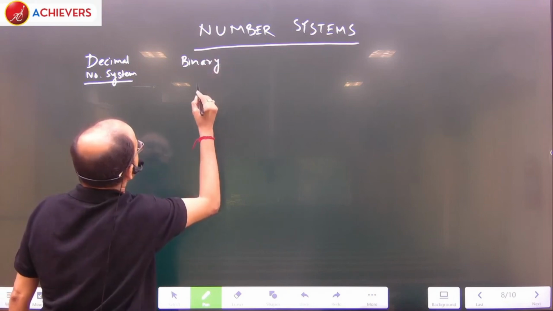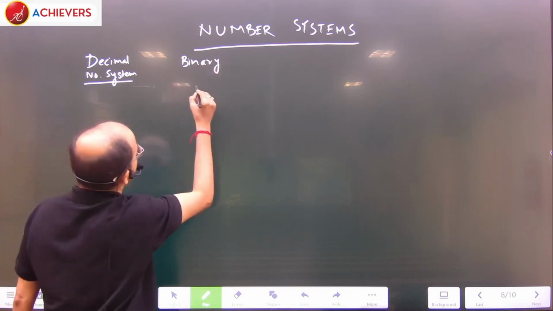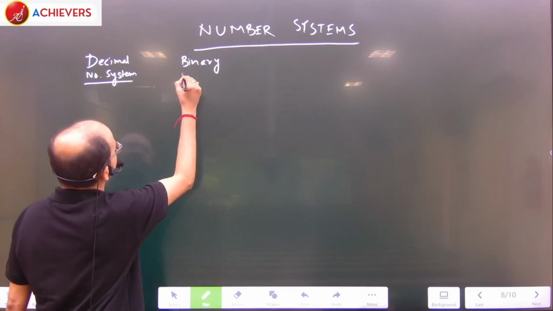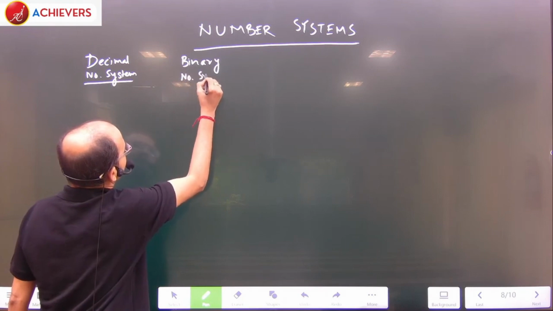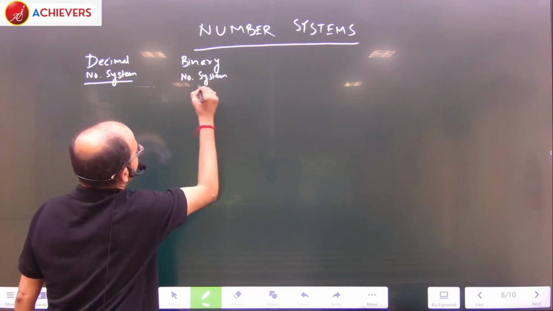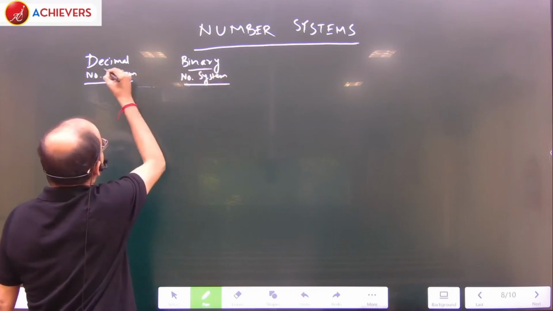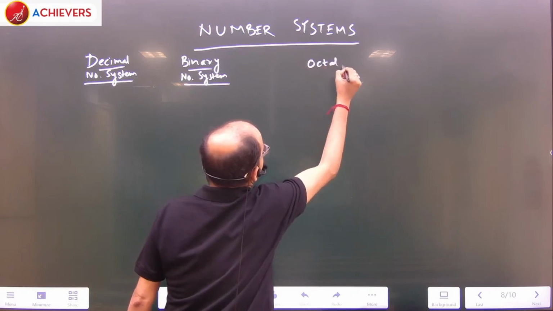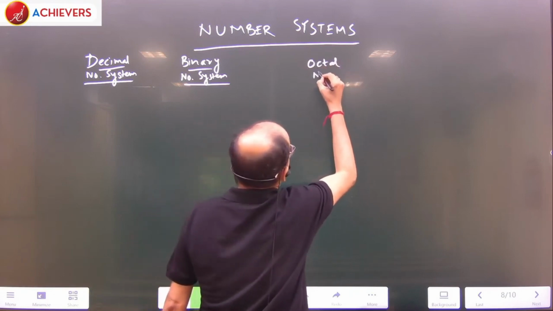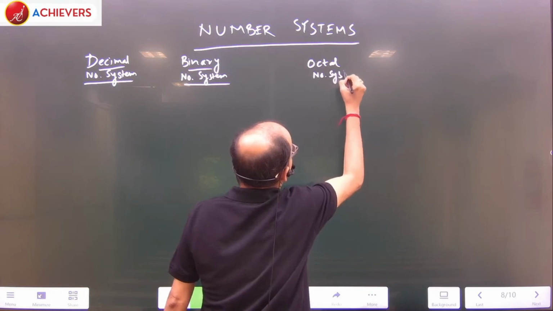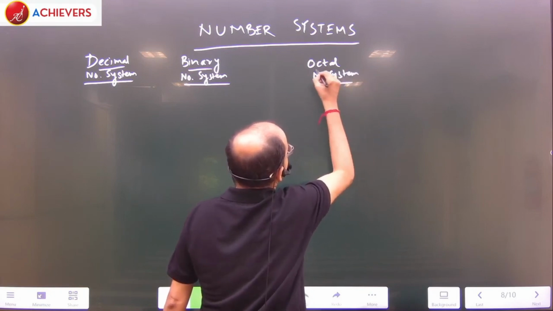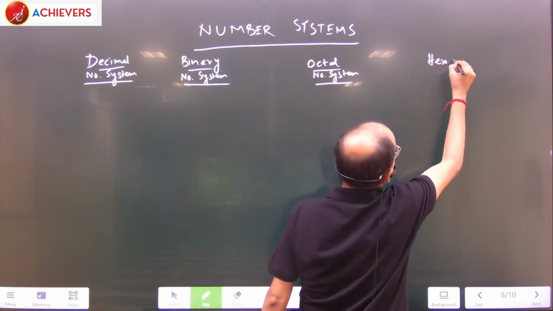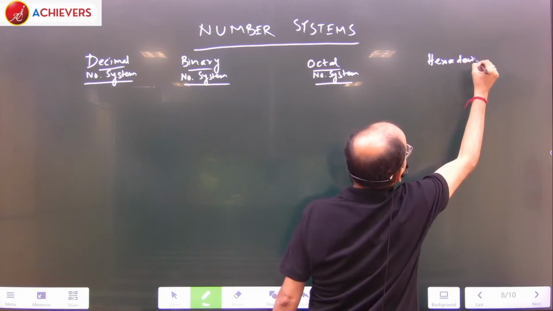So here we will be generating three different number systems with respect to the decimal number system: the binary number system, octal number system, and hexadecimal number system.